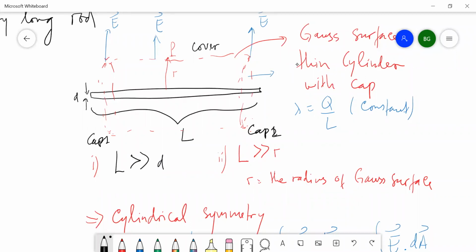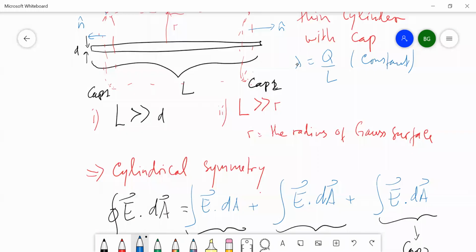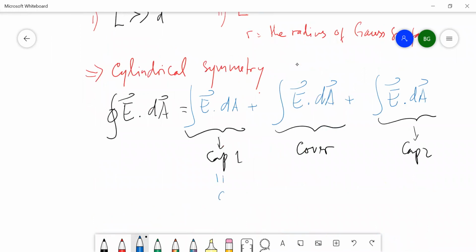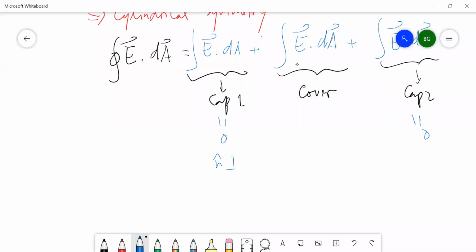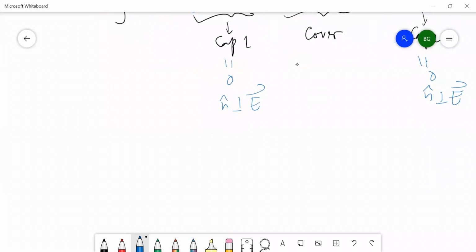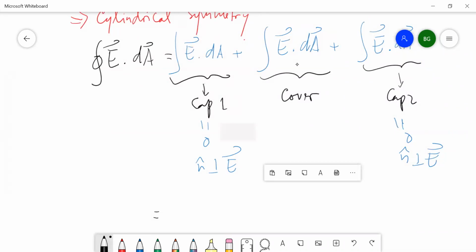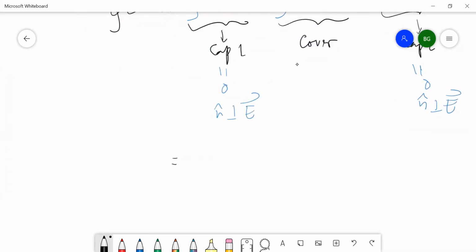So you see that this normal vector, in the first cap and the second cap, gives 0. This is 0 because the normal vector is perpendicular to the electric field at the caps. So we are only left with the second term, which is the cover of the cylinder.